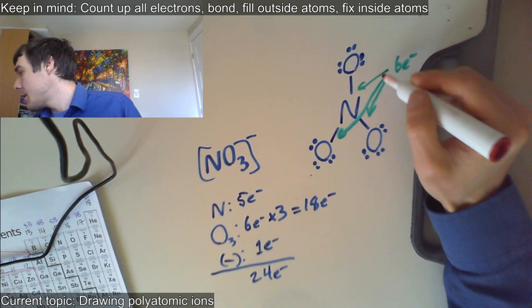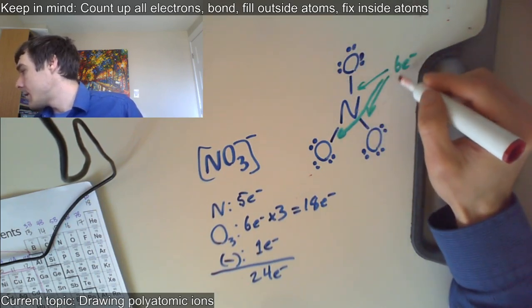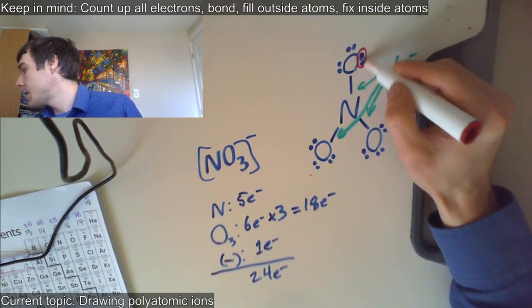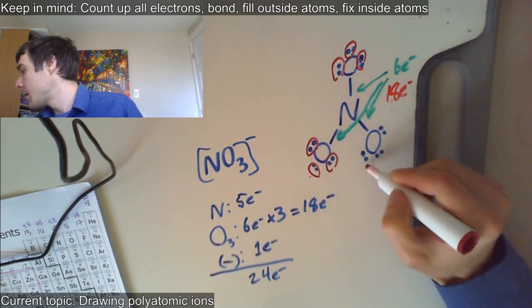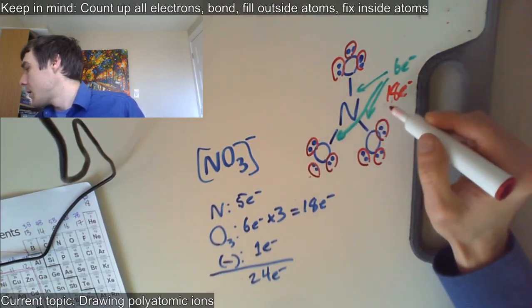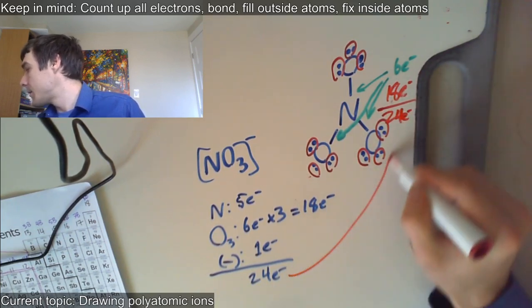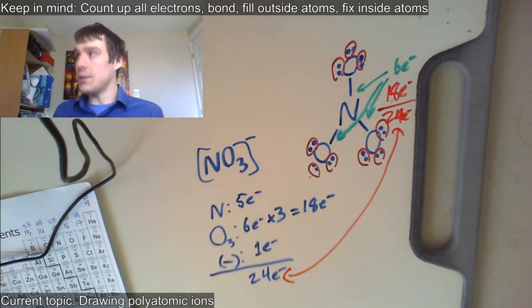So we've got 18 electrons in lone pairs on the outside. Together, that makes our 24. Right? That's the 24 electrons that we started with. So we're good on the number of electrons.